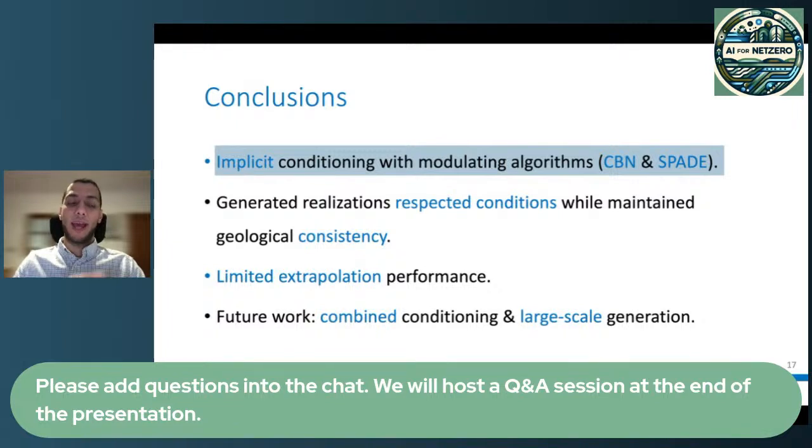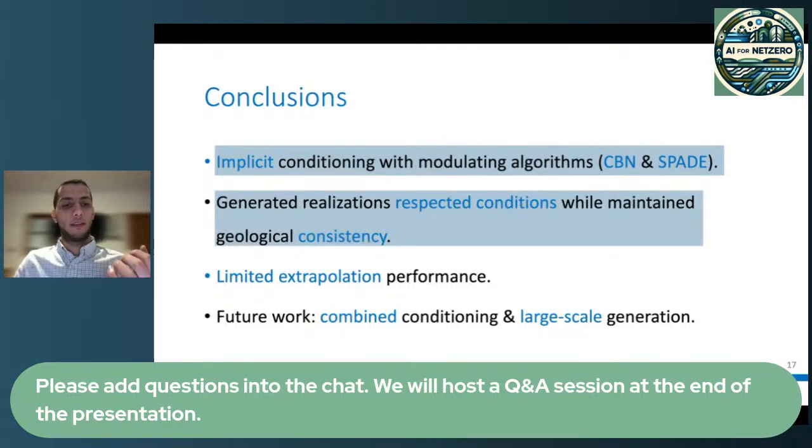So we didn't have to force this learning with a specific loss function. We didn't modify the loss function of GANs at all. We just passed these conditions using these modulating algorithms, and the model has learned the implicit correlation between the conditions and the data points.